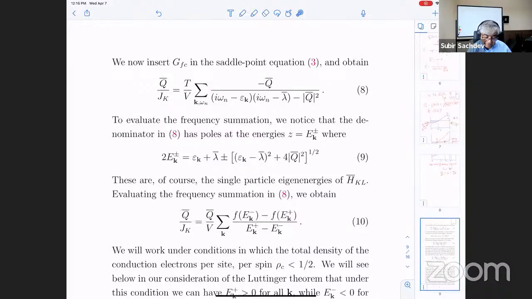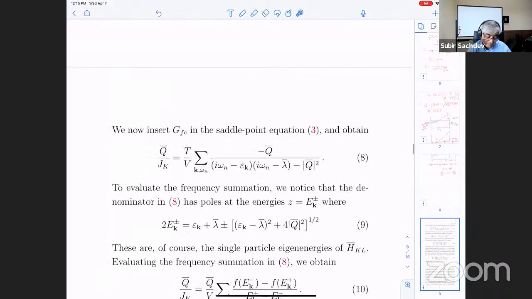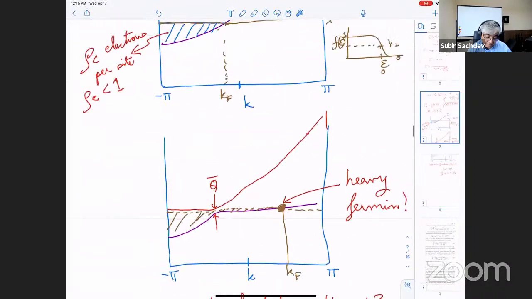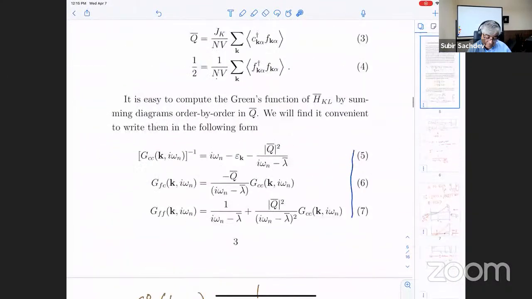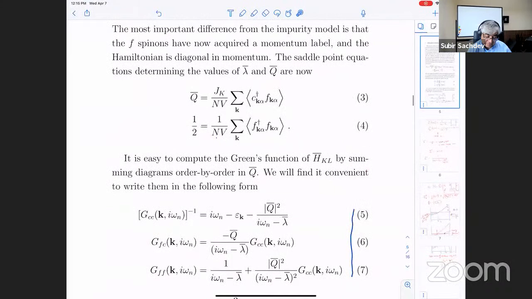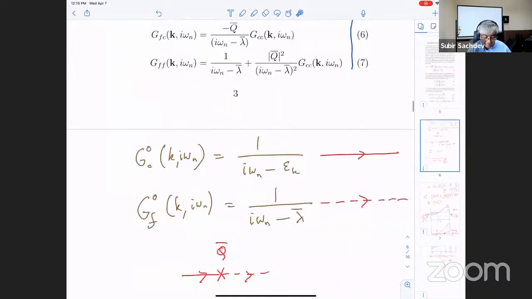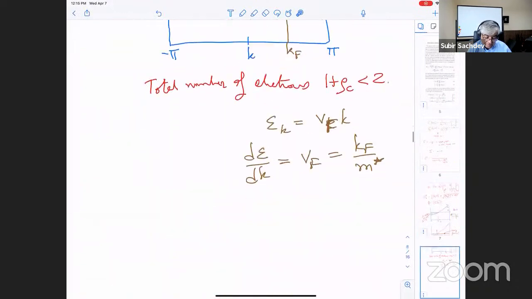And then we have to do the summation over epsilon and K. So omega and K, that simply comes from the mean field equations. And since this is an equal time correlation function, you have to sum over the frequency. Okay.